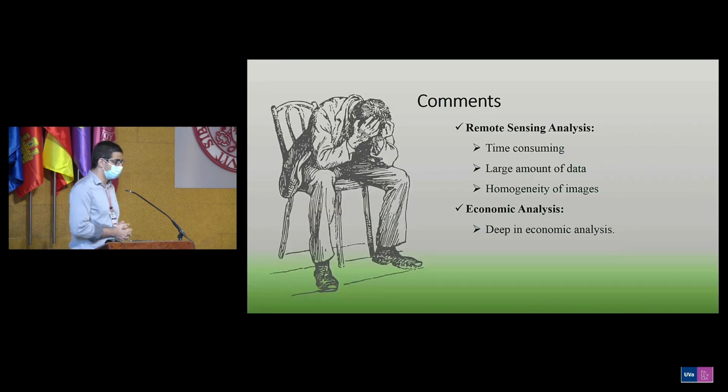Some comments. Remote sensing is time consuming because of the processing of the amount of data, with the quality we have. We had 7 centimeter pixels, so it was very high resolution.